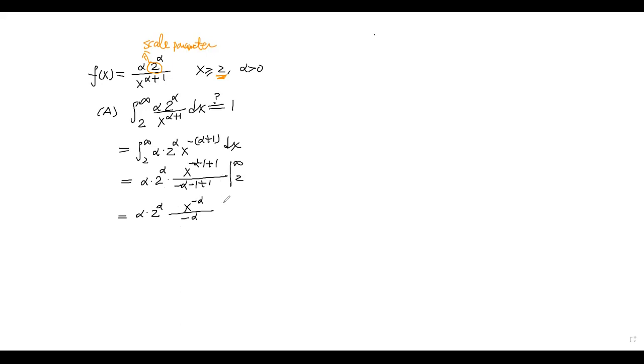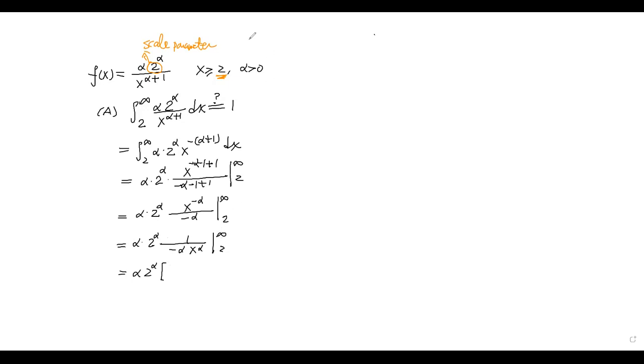Then you have the limits 2 to infinity. Because alpha is greater than 0, you can move the x to the alpha to the denominator, so this is negative alpha times 2 to the alpha over x to the alpha.